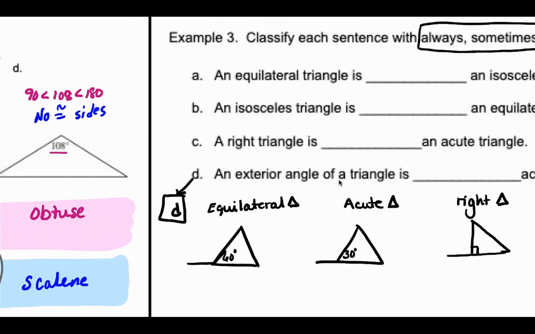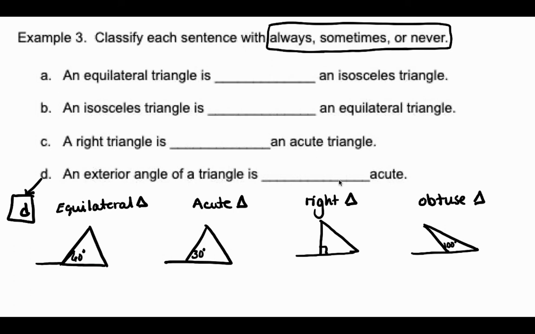For our next set of questions, we are going to try to figure out whether our situation is always, sometimes, or never true. And we're going to rely on our vocabulary to help us make our decision. So remember that equilateral has 3 congruent sides, and isosceles has 2 or 3 congruent sides.